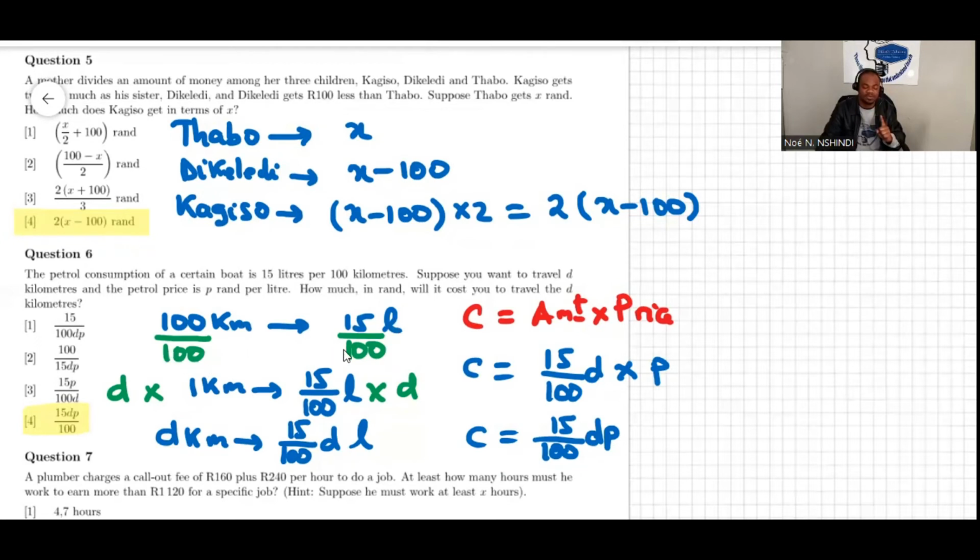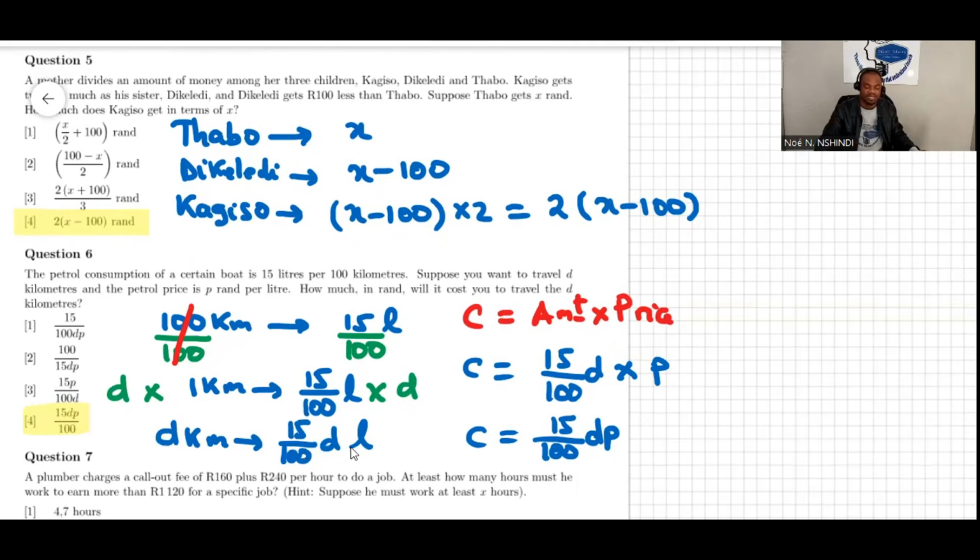Divide both sides by 100 to get 1 kilometer, because 100 divided by 100 gives me 1. So 1 kilometer will be 15 over 100. Then I can find what d kilometers will be if I times by d both sides. D kilometers will take me 15 over 100 d liters.